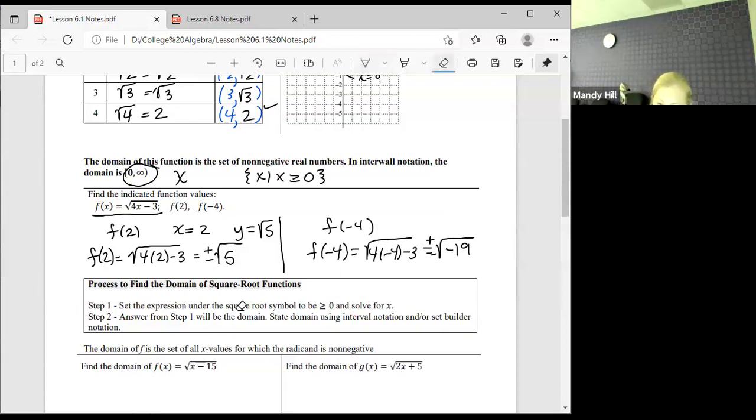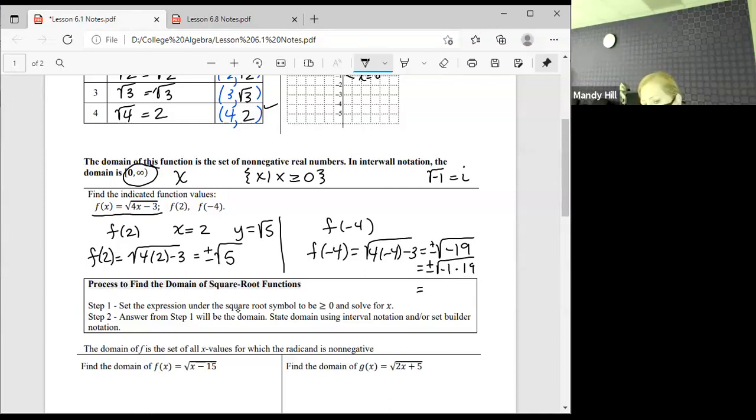Okay, and do you guys remember what we talked about when we were solving quadratics? That the square root of negative 1 is equal to i. Y'all remember that a little bit? So this one actually would be plus or minus, because negative 19 can be written as negative 1 times 19.